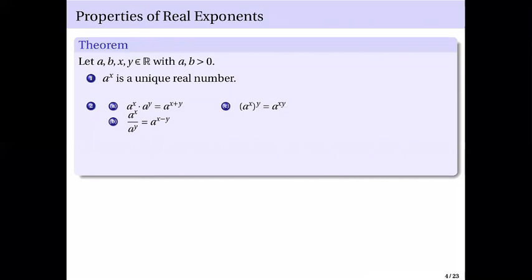Let me just extend this. This is the same as a to the yx, and this is also the same as a to the y to the x. Meaning you can interchange x and y in here. It will give you the same number.